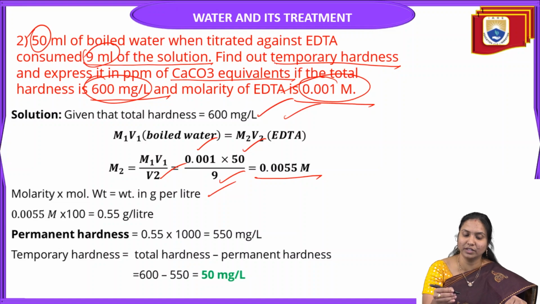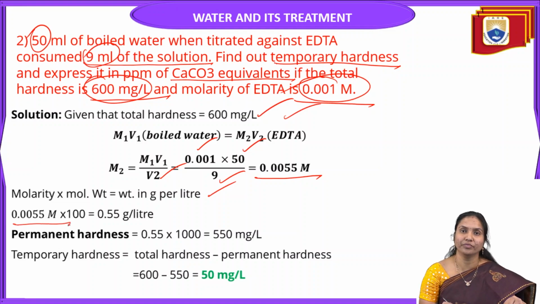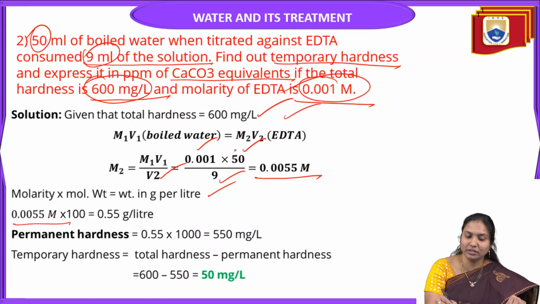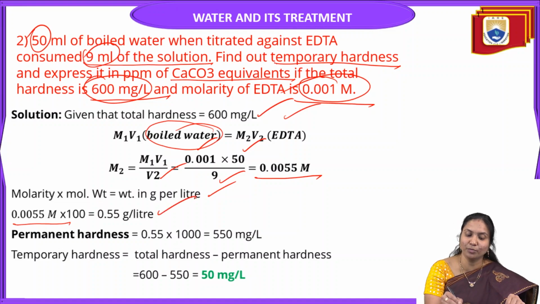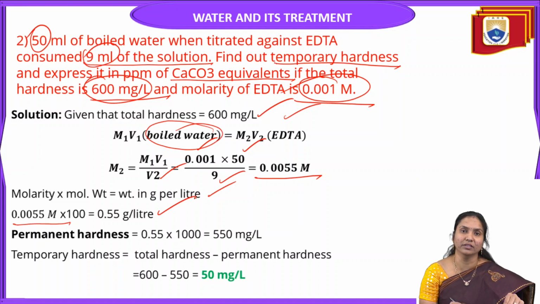So the molarity is 0.0055 M and the molecular weight of calcium carbonate is 100, so it's equal to 0.55 gram per liter. So the hardness equals 0.55 into 1000, the total makeup solution, so it's equal to 550 milligram per liter.